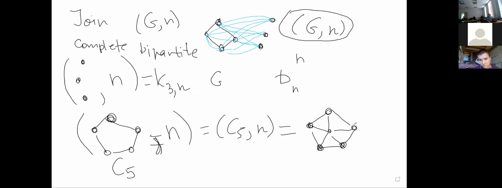For n equal to 1. Yes, n equals 1. But if we have n here and n is greater than 1, then this graph is not an intersection graph.